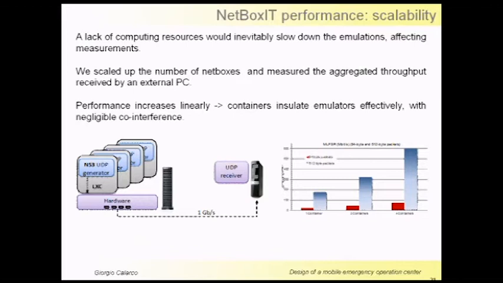In these experiments, each container is generating traffic at the maximum speed. And as you can see, as we increase the number of containers and generators, the performance increases linearly. And this means that containers are insulating the emulators effectively and with no co-interference among them.